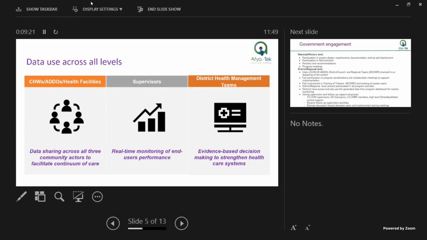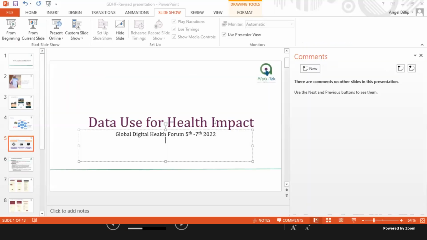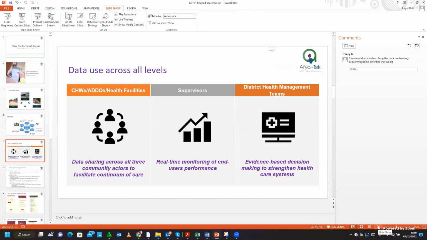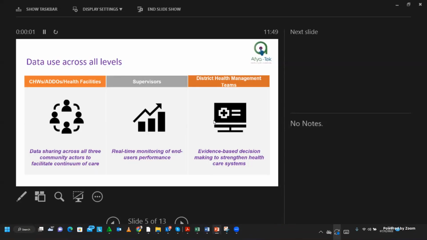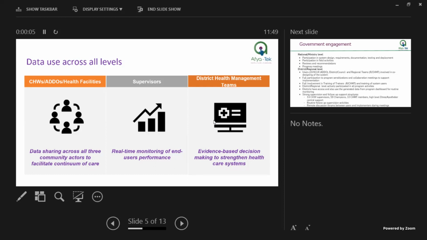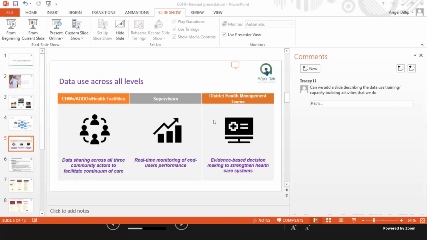Sorry, I've heard that people cannot see my screen, right? We can see your screen. I think they are requesting if it could be a full screen instead. So yes, we can see your screen and your next slide, but we want to see only the slide you are talking about. I think it should be one of the options at the bottom of your screen. Could you please click on display settings?